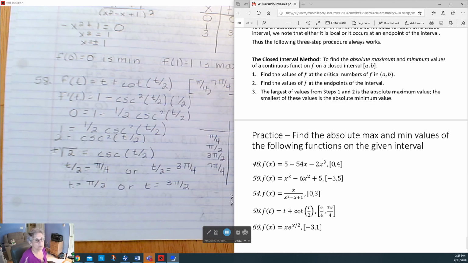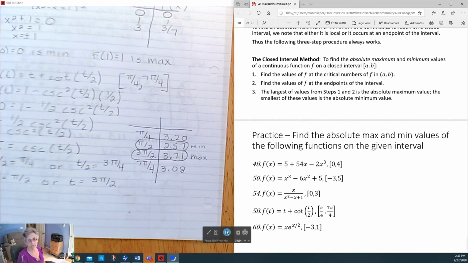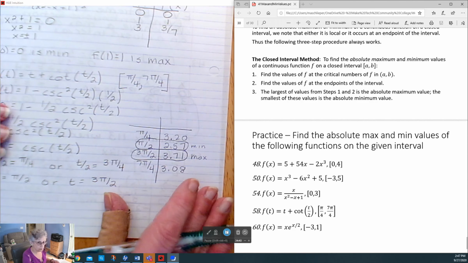I won't make you watch me plug all that in. Started to write them down as exact values, and I thought I can't compare those numbers as exact values. I need decimal points so I can look at them and know which is bigger. So I just wrote down the decimal approximations for each of them. One more.